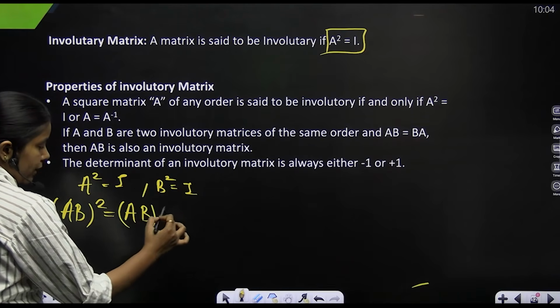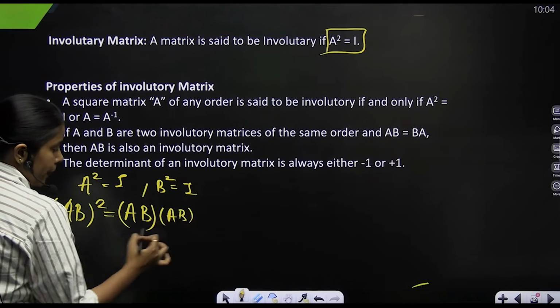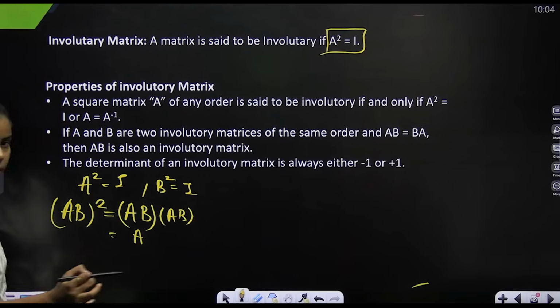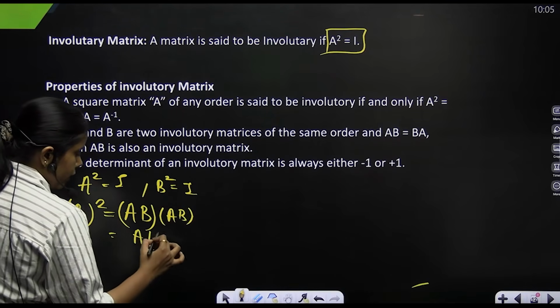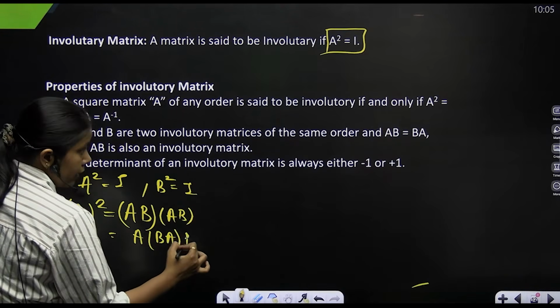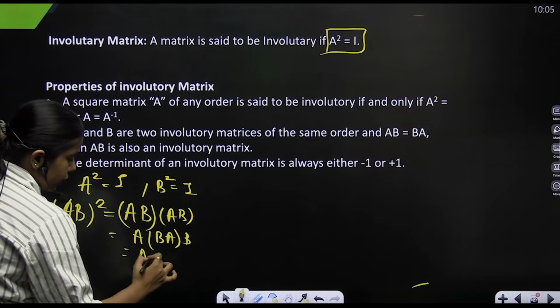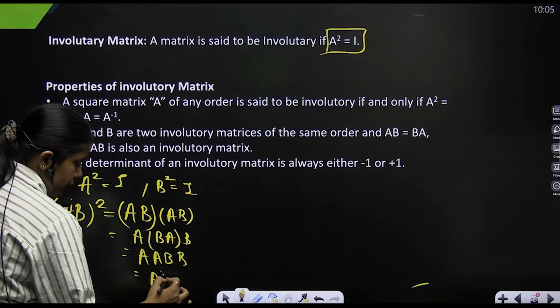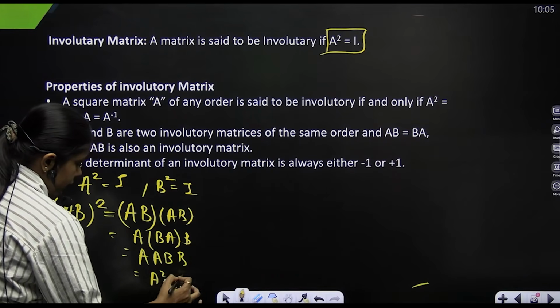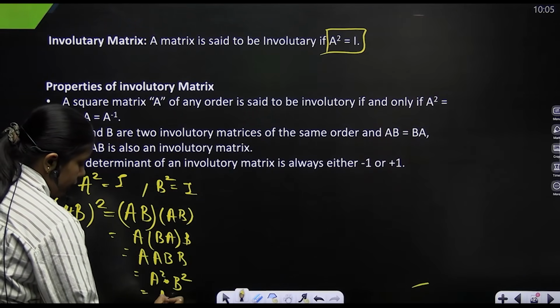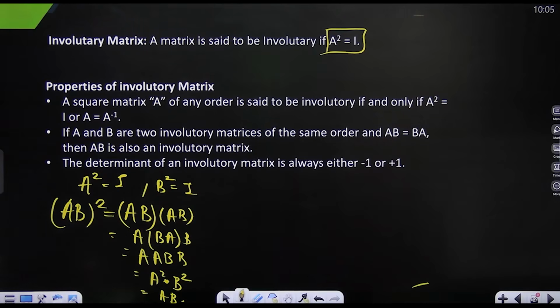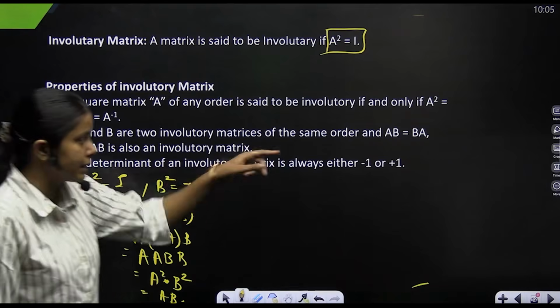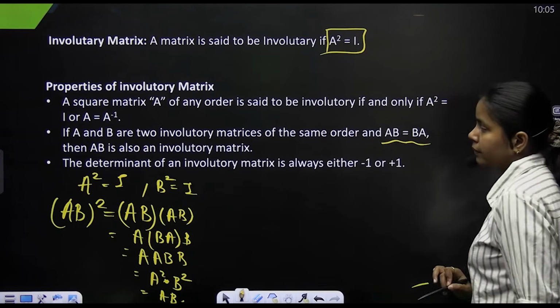You cannot expand it directly, it would be AB into AB, but because of the associative property and AB equals BA given, we can write A into BA into B, which becomes A square, B square, which is identity. So AB is also an involutory matrix, but with the condition that AB is equal to BA.